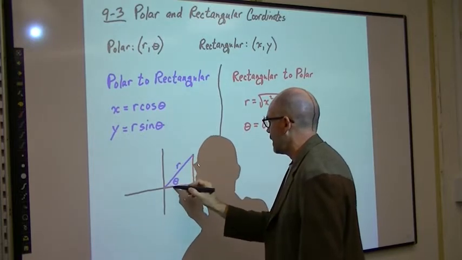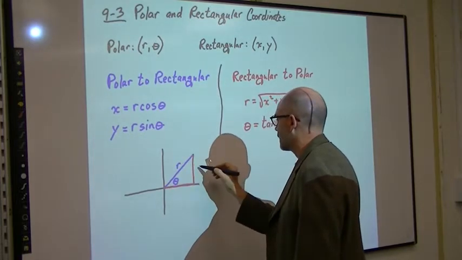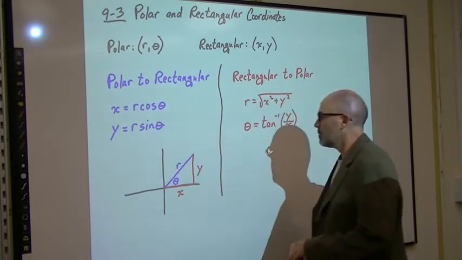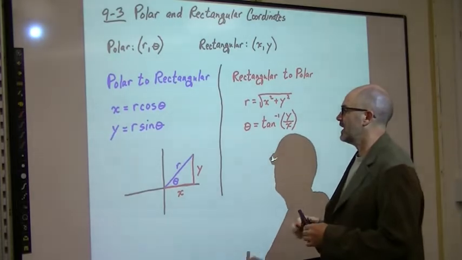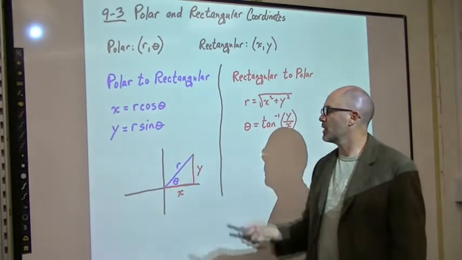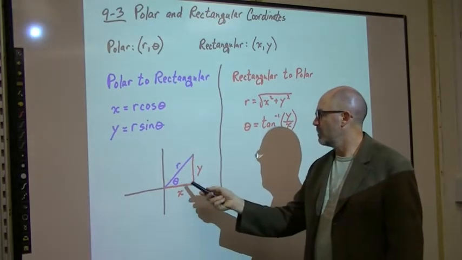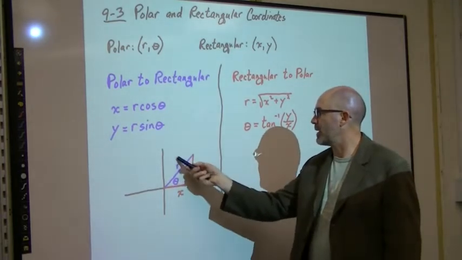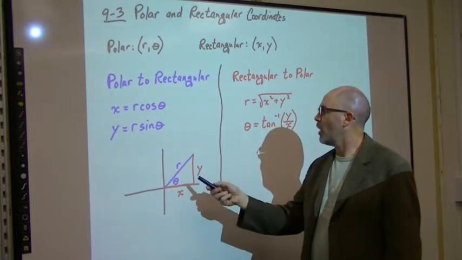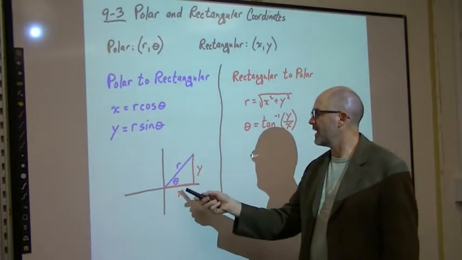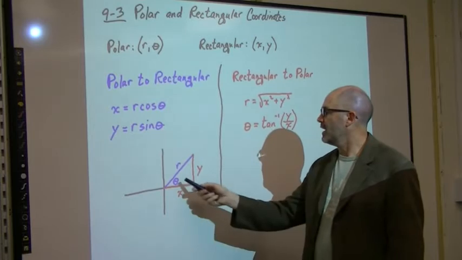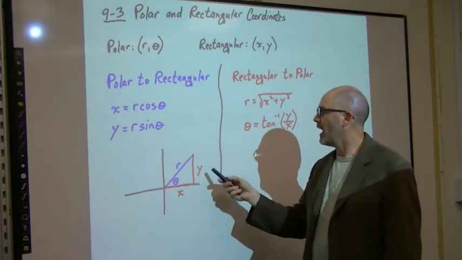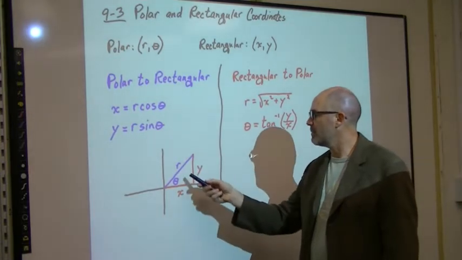There's my y, there's my x. So, you can see that x equals r cosine theta, because cosine theta is x divided by r, so r times cosine theta will be x. And sine theta is y divided by r, so that means y equals r times sine of theta.